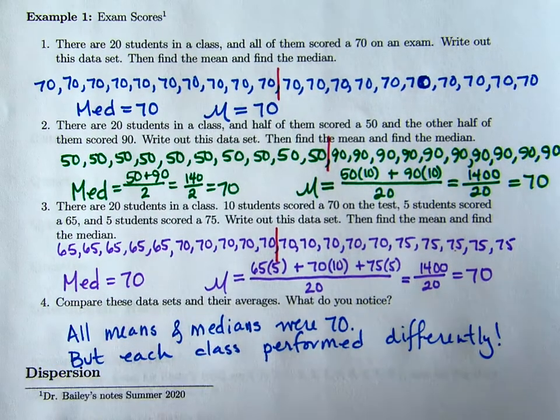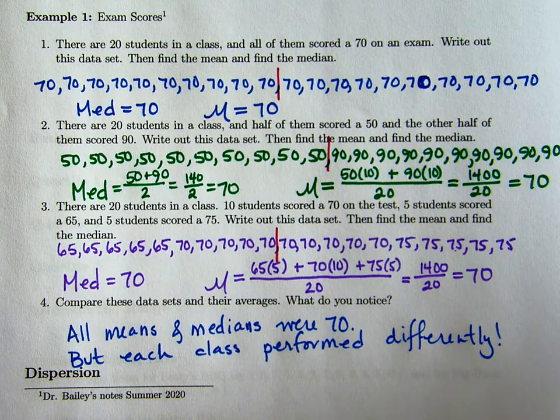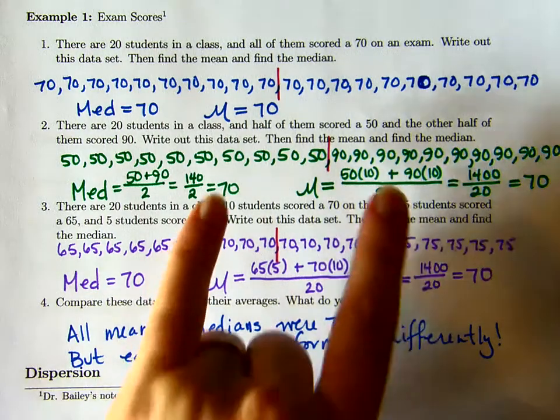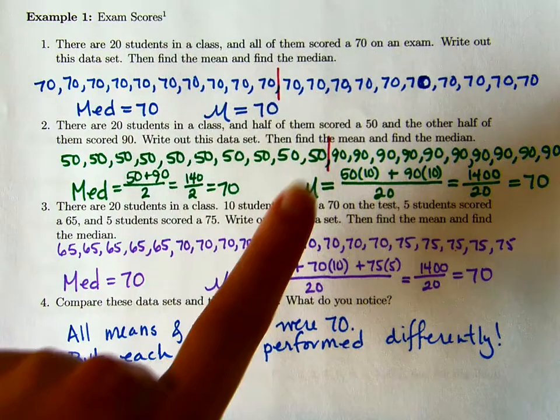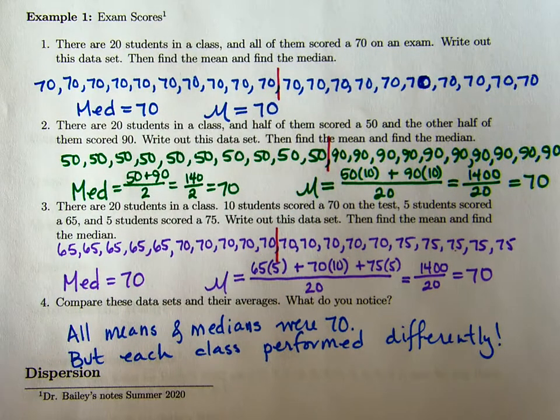So that performance is not captured by their mean and their median. That alone will not do it for us. And even if you use the mode, in number 1 and number 3, the mode would still be 70. And number 2, it would be bimodal, 50 and 90.